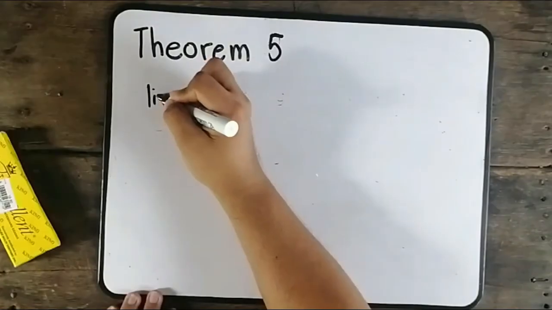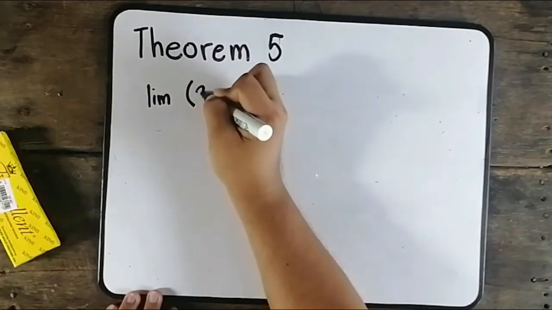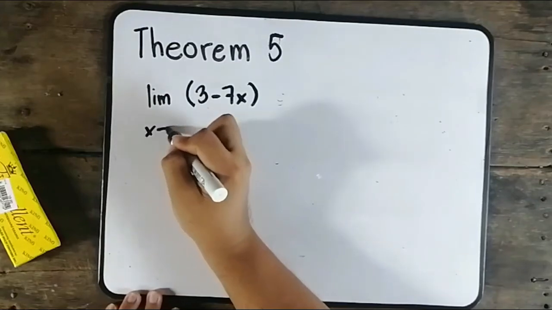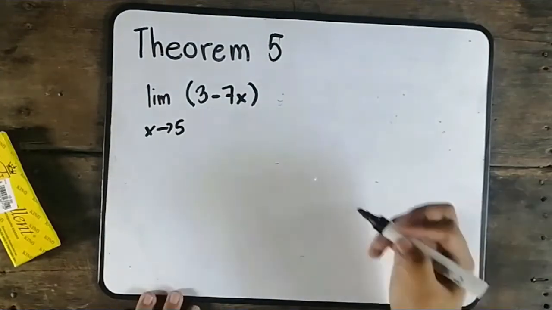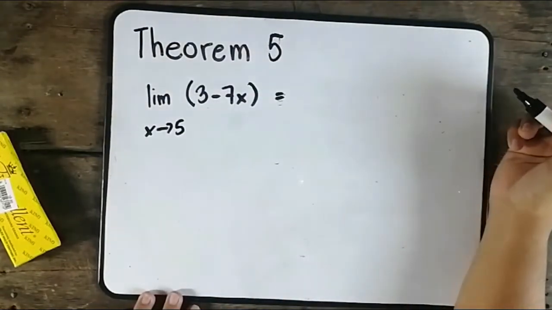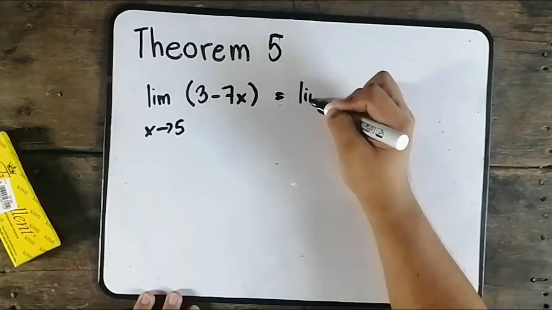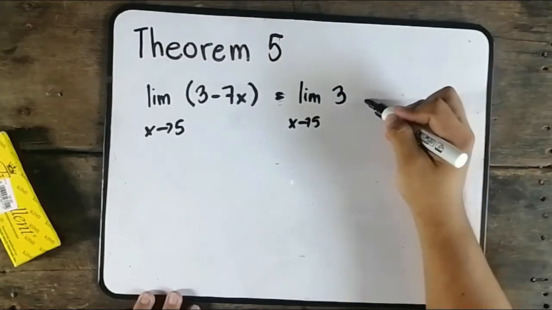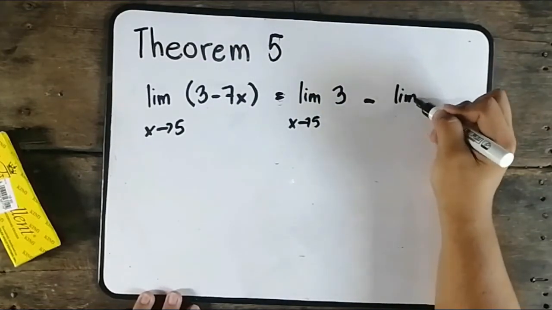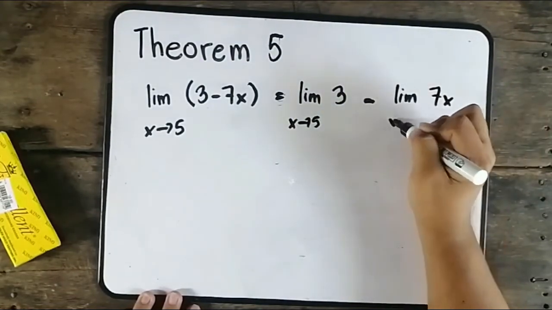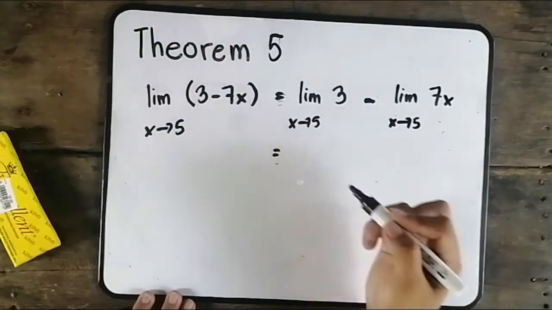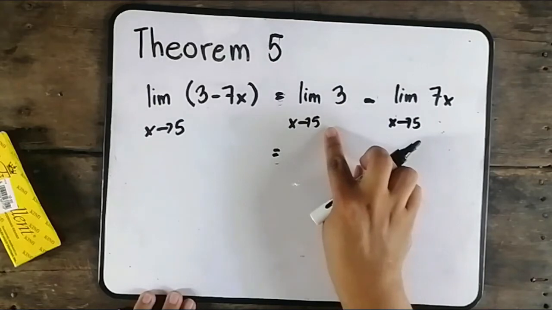Example is the limit of the quantity 3 minus 7x as x approaches 5. So by Theorem 5, pwede nating i-separate. We have the limit of 3 as x approaches 5 minus the limit of 7x as x approaches 5. This is now equal to eto, limit of a constant.